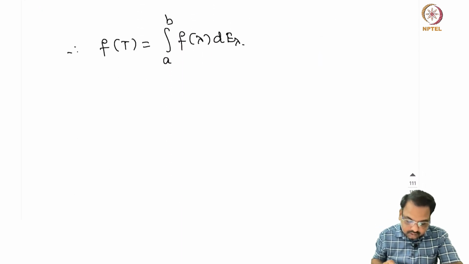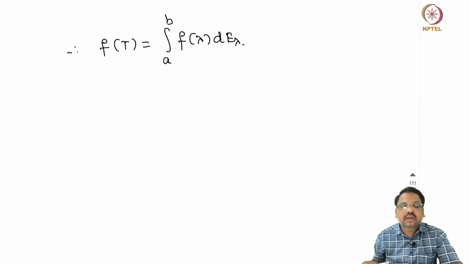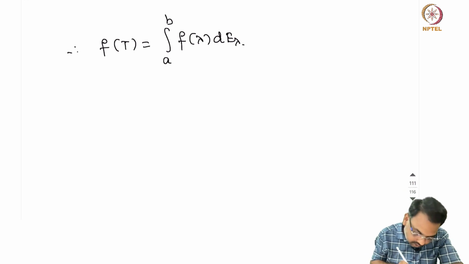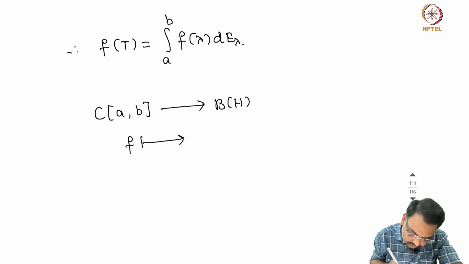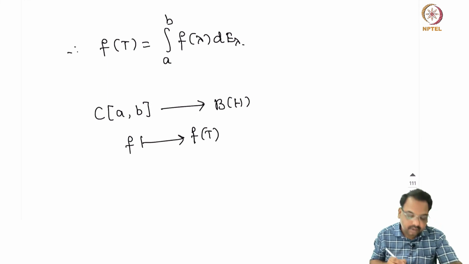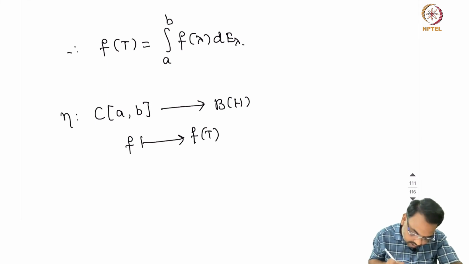Okay. Now let us look at some other important properties of this continuous functional calculus. So we are looking at continuous functions in the closed interval a b and mapping these functions to elements of B of H as f going to f of t. So let us call this map eta.